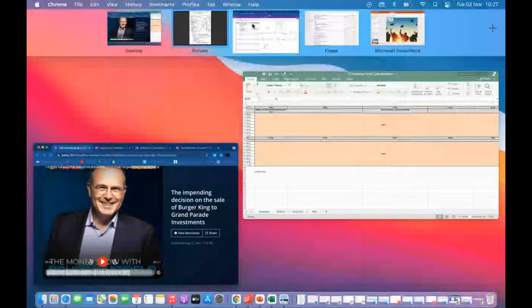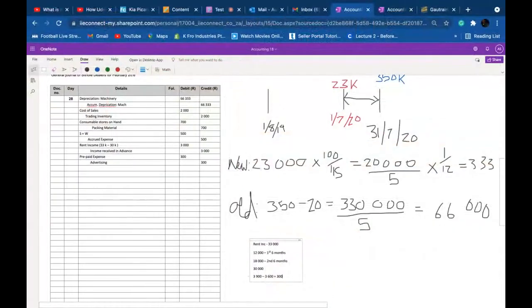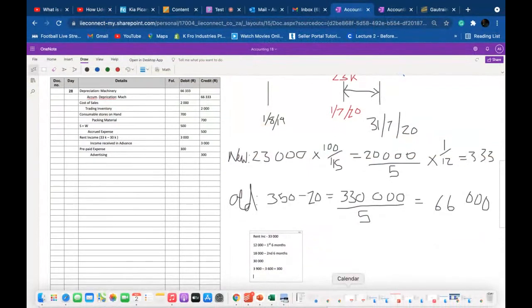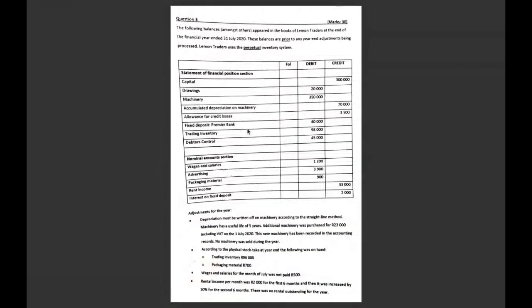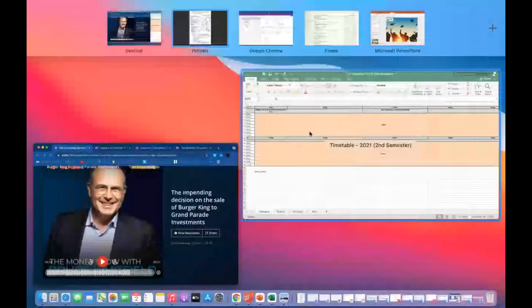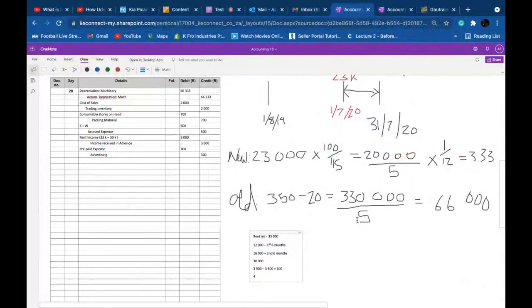So we don't need to apportion it, in other words. Let's see if we have the right amount in terms of interest on fixed deposit. We have 40,000. So 40,000 times 10%, 0.10, would give us 4,000.